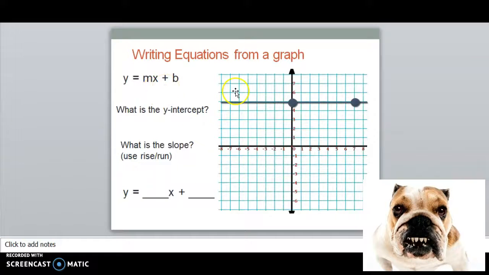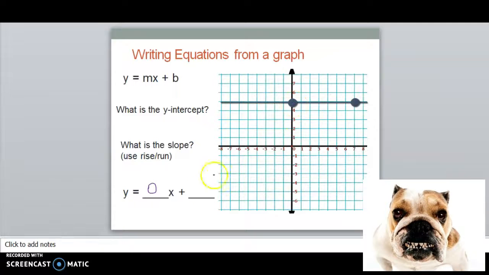Now this is a more, I'd say, fancy type of problem. Going back to our last unit, any horizontal line has a slope of 0. It crosses my y-axis at 5, so the y-intercept is 5.